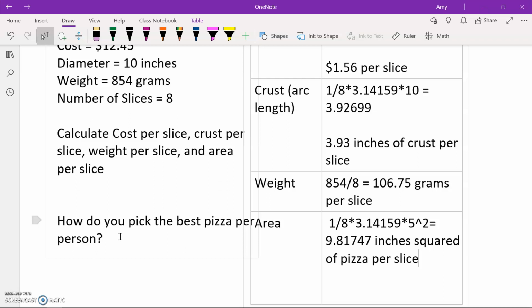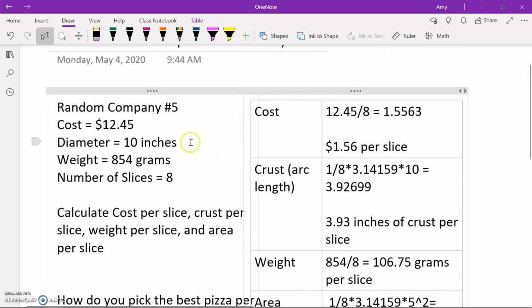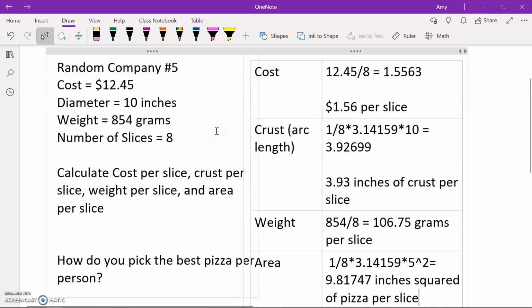And then you're going to see if you get some ideas of, okay, well, what if we tried pizza company number 5? Who would be satisfied with company number 5 compared to a different pizza? So I might look, okay, I know that someone wants more crust. If I was giving someone more crust, would this company have it or would another company have more?